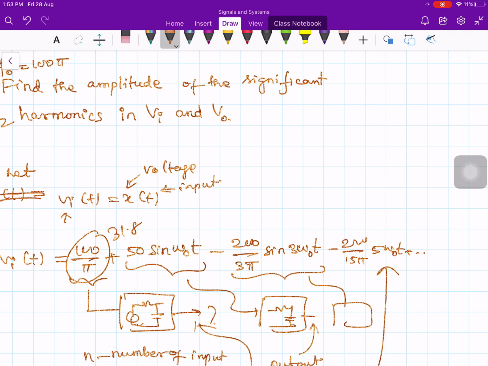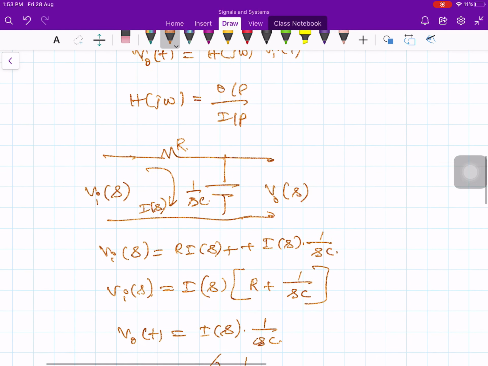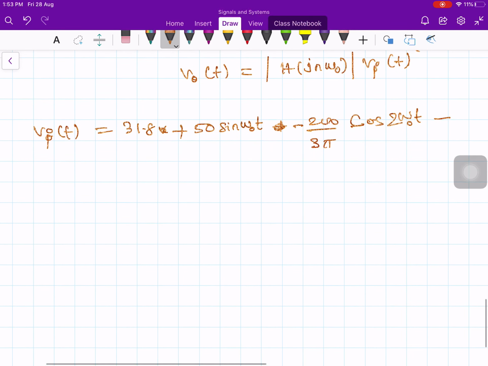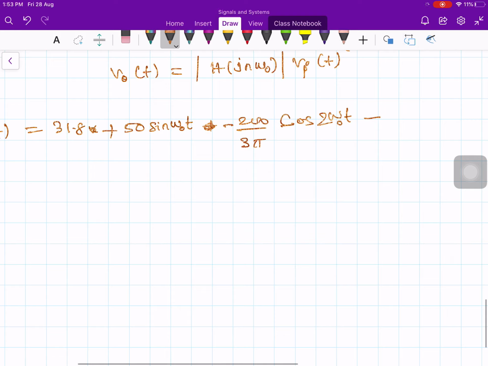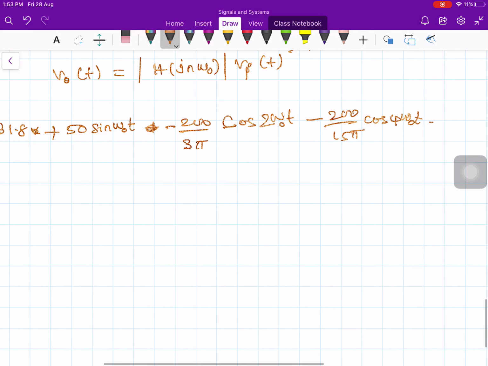So this is not 2, 3, that is 2, and this is not 5, and this is 4. Even harmonics present, of course. Fine. Now cos 2 omega naught t minus 200 by 15 pi cos of 4 omega naught t minus and so on and so forth.